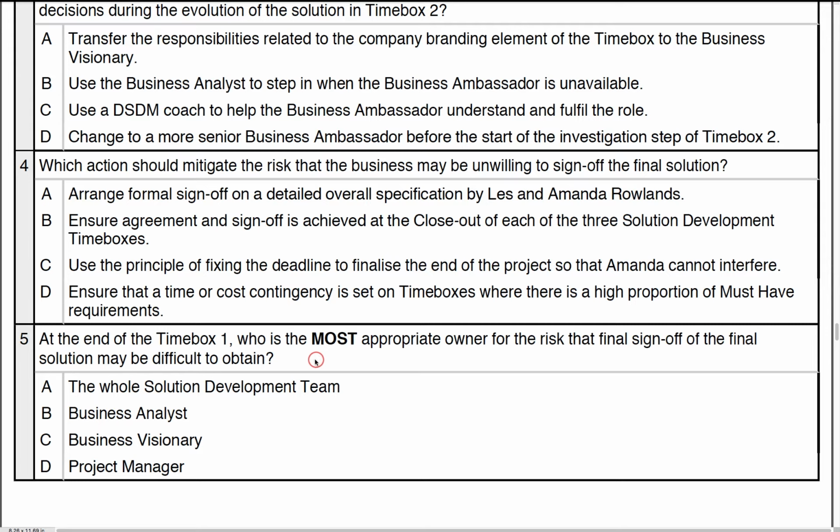The next one down is going to be the visionary. The whole team have got nothing to do with it. The analyst is not in a position to sign anything off, and the PM normally escalates that, and it should be the responsibility of the business visionary. And this is absolutely correct, and this would be the right answer, the visionary.